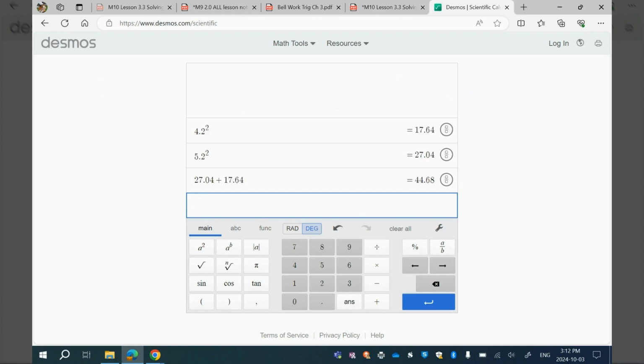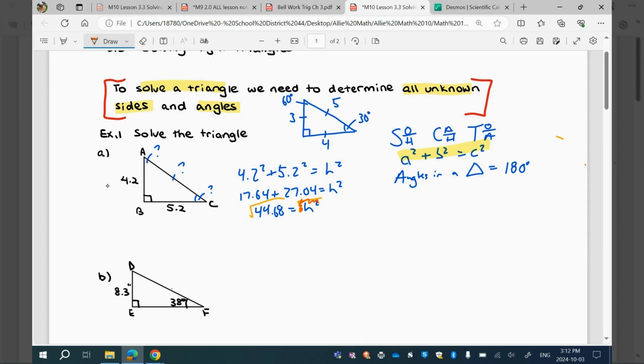So let's go. Square root of 44.68 is 6.68. So the hypotenuse equals 6.68. I guess we could call it 6.7 if we want.